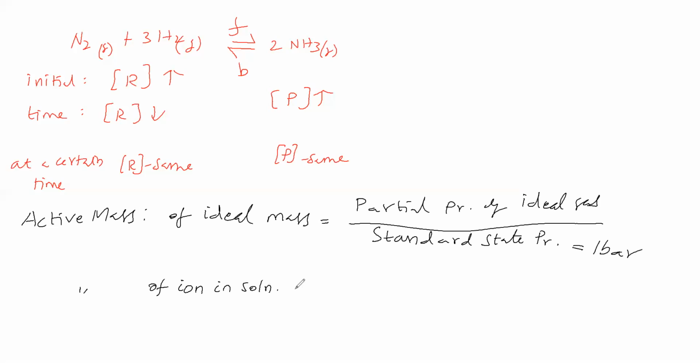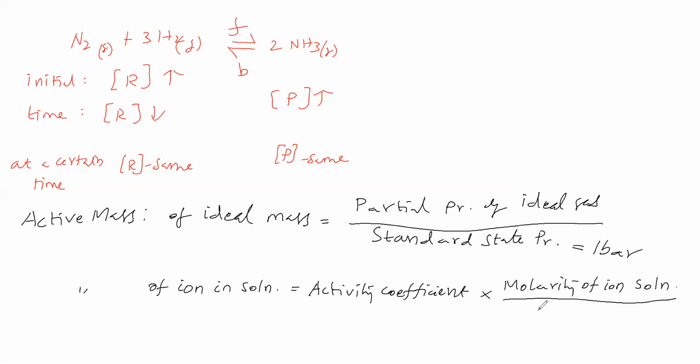The active mass of an ion in solution is equal to the activity coefficient multiplied by the molarity of the ion in solution, divided by the standard state molarity.